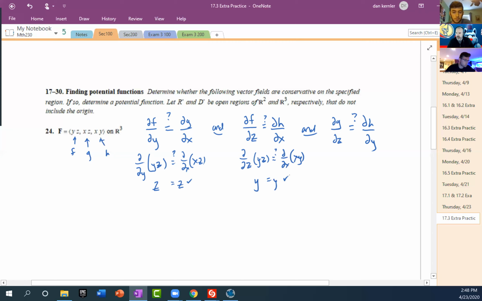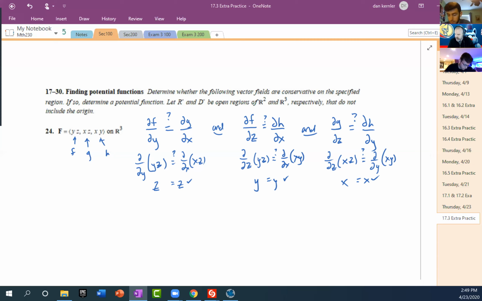Okay, good. And then partial with respect to z of xy, of xz, and the g there, that'll be x. And is that equal to the partial derivative with respect to y of xy, also x? Okay, all three are yeses, so it is a yes.